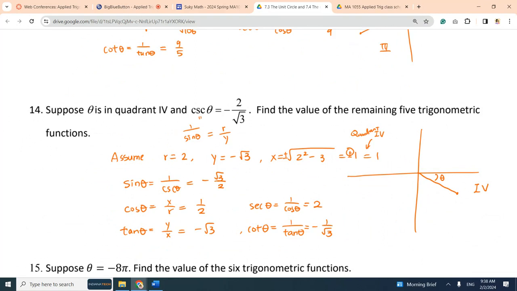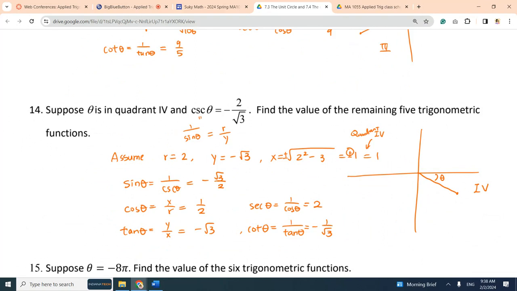R is 2. So 2 squared minus the y. Y is negative square root of 3. The negative square becomes positive, and the square root of 3 square root cancel. We get 3. 2 squared is 4. 4 minus 3 is 1. You get plus or minus 1.